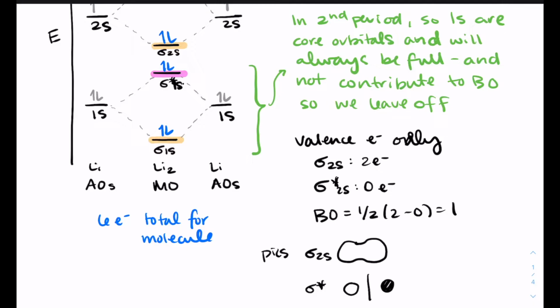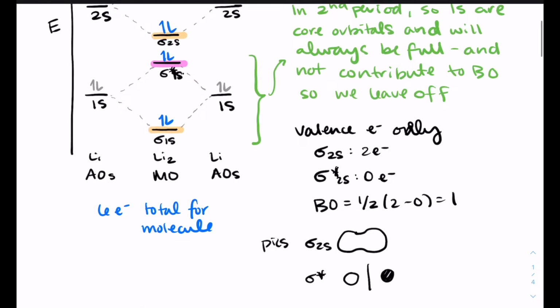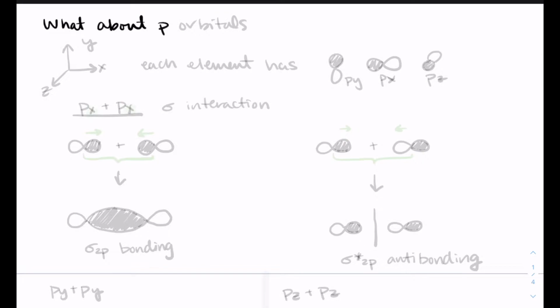Okay, so what about p orbitals? In the second period, each element has a px, a py, and a pz. The px orbitals, these are atoms side by side, we're bringing them close together. When they interact, it is a sigma interaction, because those orbitals are pointing at each other.